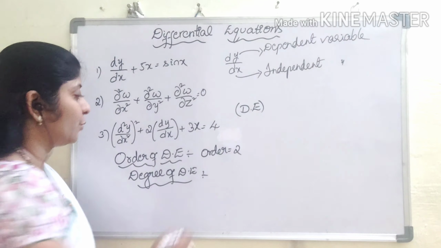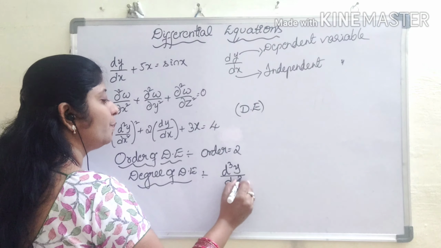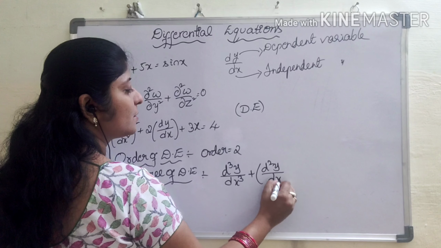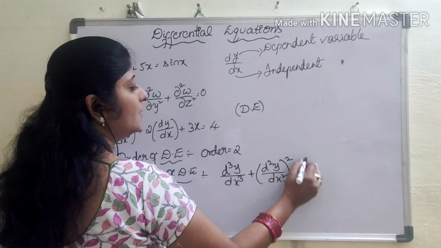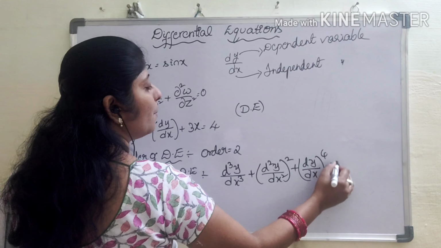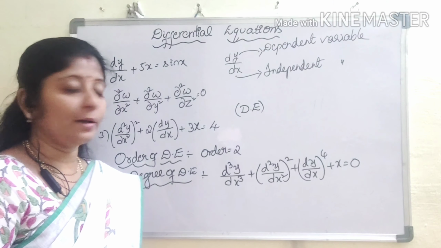Take d cube y by dx cube plus (d square y by dx square) whole square plus (dy by dx) whole power 4 plus x is equal to 0. It is a differential equation.